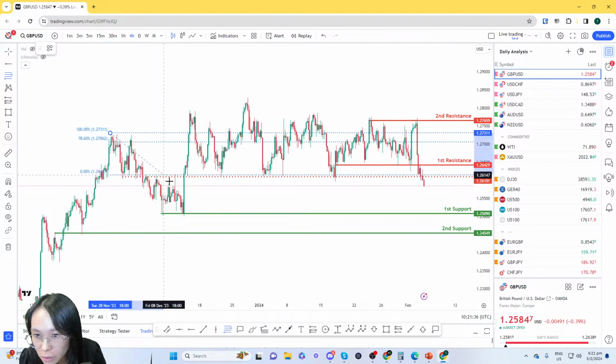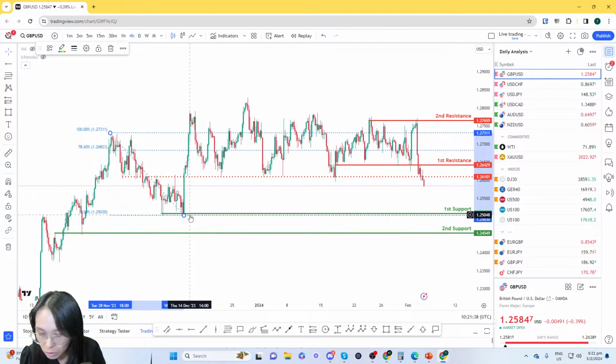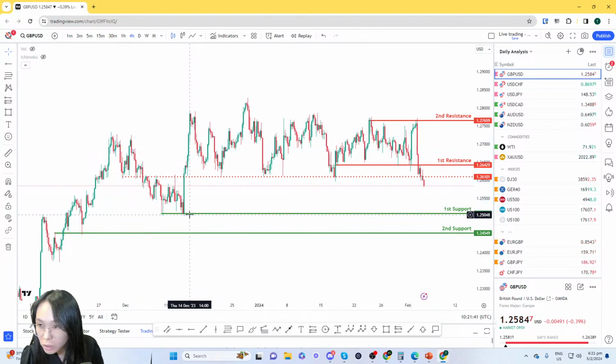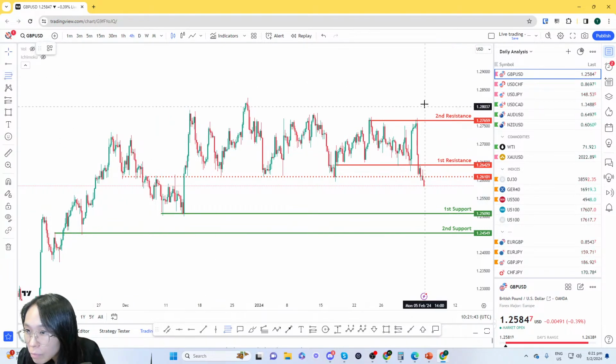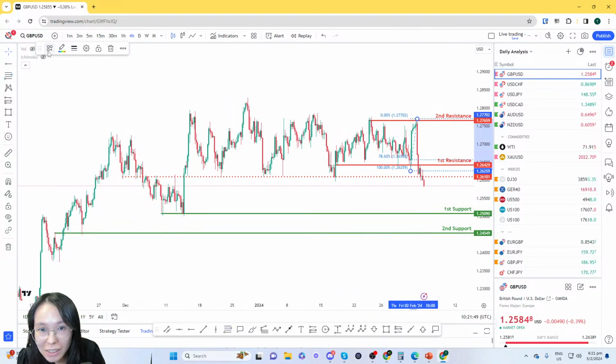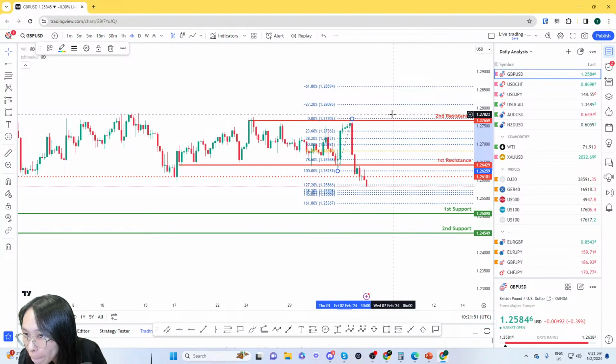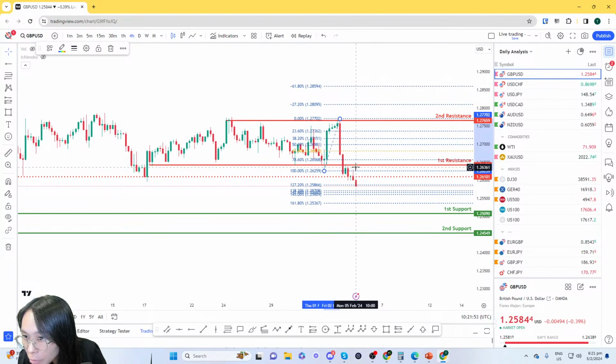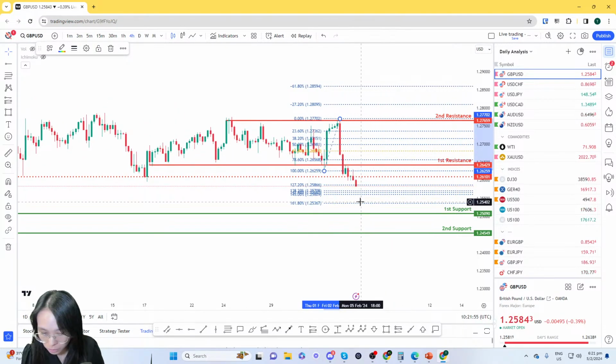Since the price is going down, it's broken the level. This chart is tough.